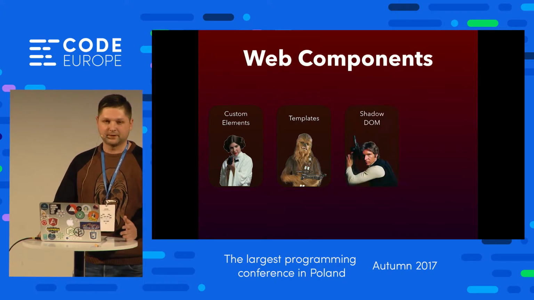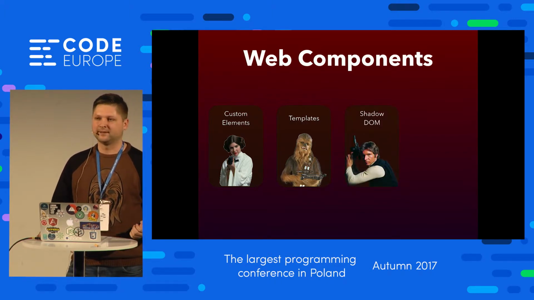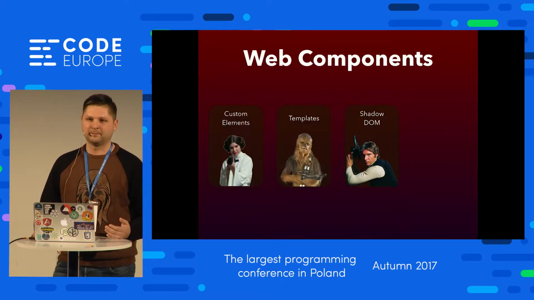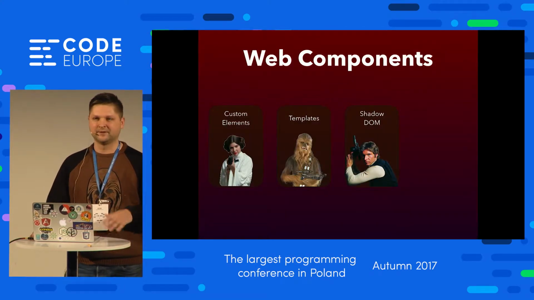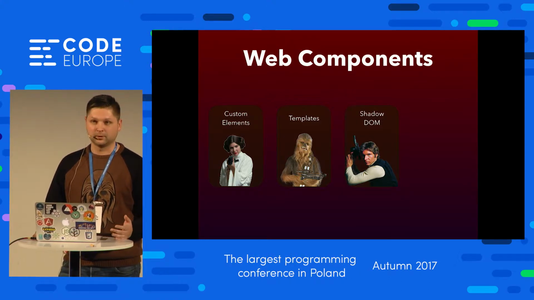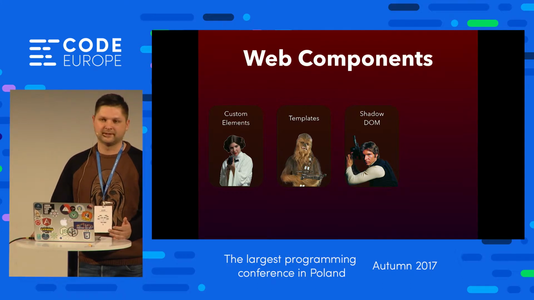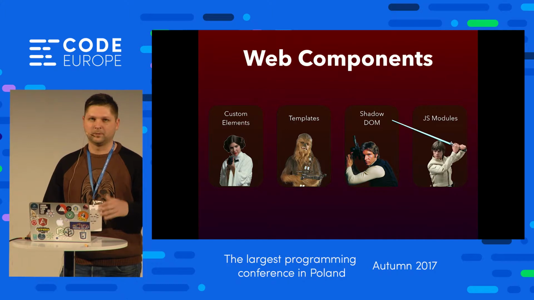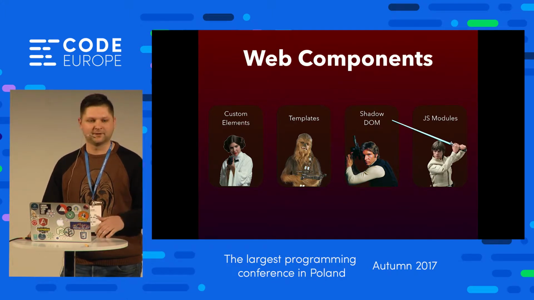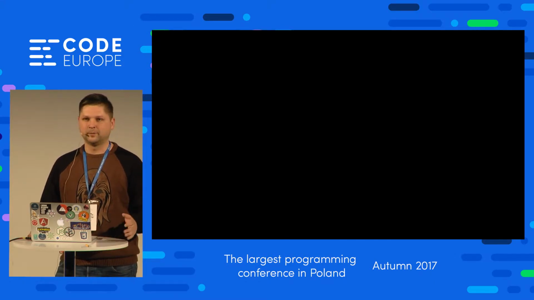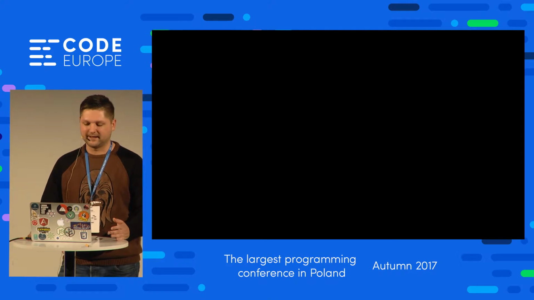So the next part is HTML templates. It's a part of your markup that is present on the page but not rendered until somebody calls for it. Shadow DOM is the way to encapsulate our markup or styles inside our components so it won't be affected by the CSS cascade with styles or nobody can modify the markup inside.